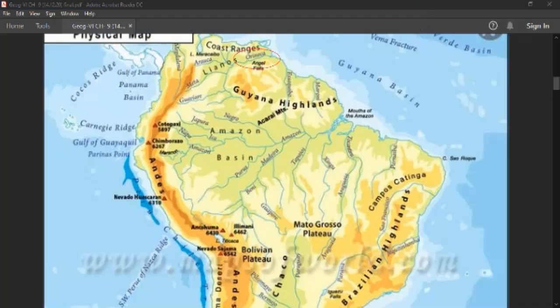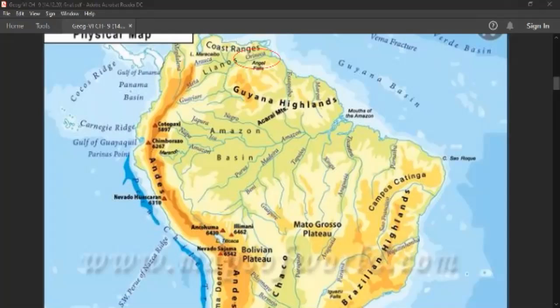Orinoco River, which is 2,400 kilometers long, flows from the Guiana Highlands towards the Atlantic Ocean in Venezuela. Angel Falls, the world's highest waterfall, is formed by a tributary of River Orinoco.